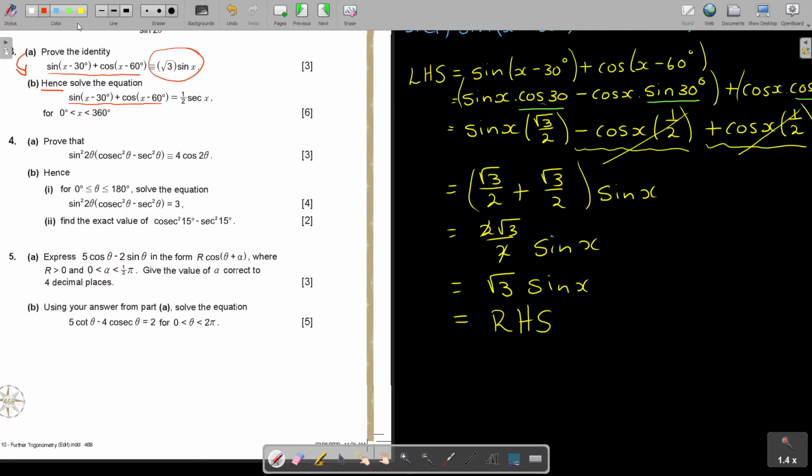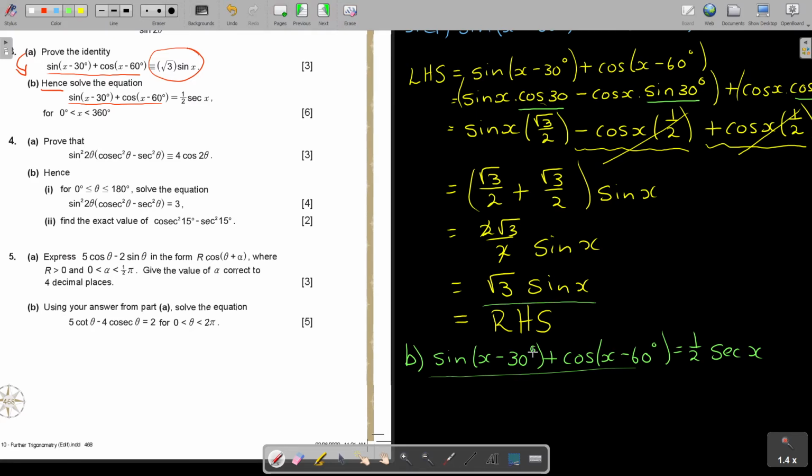So I can start like they start B, by saying sin(x - 30) + cos(x - 60) is a half sec x. Now I can replace this by this.